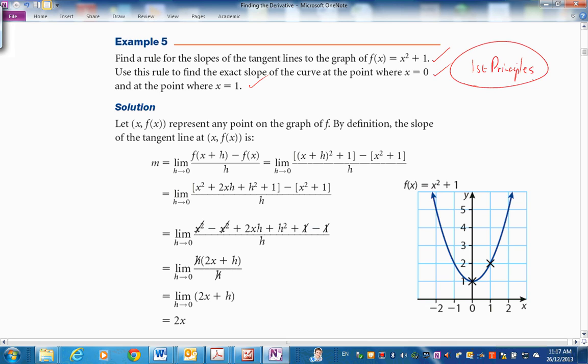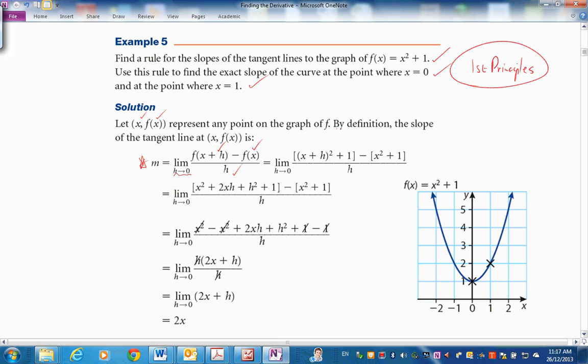So first of all, if we let f of x be any point on the graph, then here's our fundamental definition. The slope of the tangent is the limit as h tends to 0, as we bring that point closer to our target point along the curve, of f of x plus h minus f of x over h.